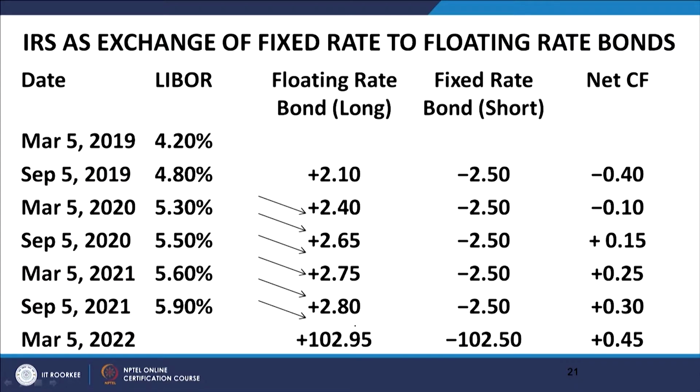In other words, the interest rate swap can also be viewed as an exchange of a floating rate bond and a fixed rate bond. Instead of just talking about cash flows or FRAs, we can also interpret a swap as an exchange of a floating rate bond and a fixed rate bond.